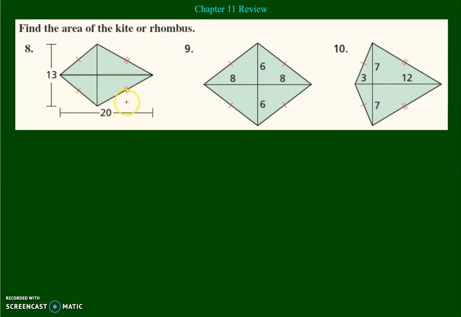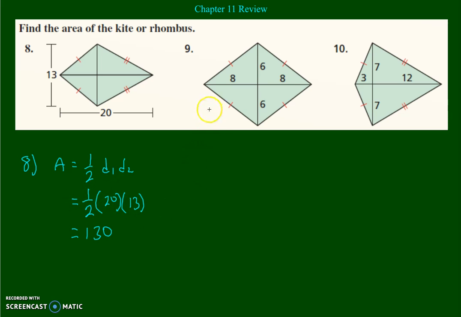It works both ways, but it's 1/2 d1 d2, so it's a pretty straightforward formula. So it's area equals 1/2 d1 d2, and that stands for diagonal 1 times diagonal 2, 1/2 of 20 times 13, which is 10 times 13, which is 130. Not really much of a problem, just a straight plug in.